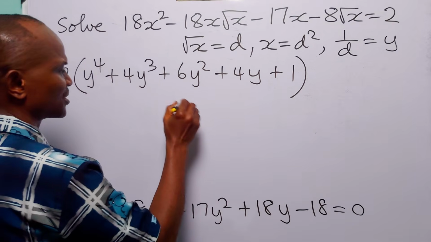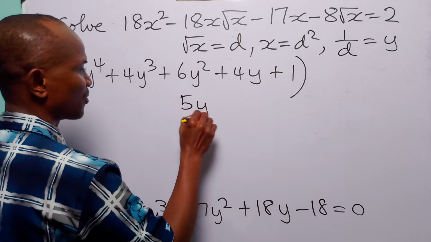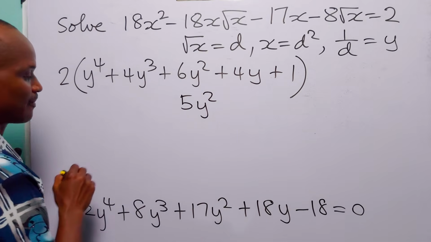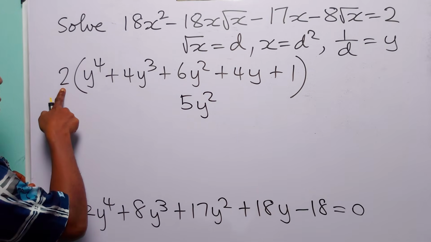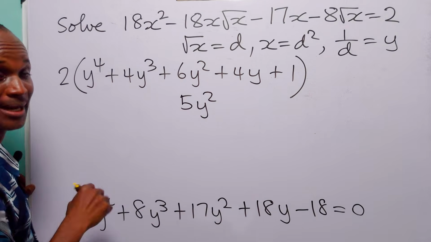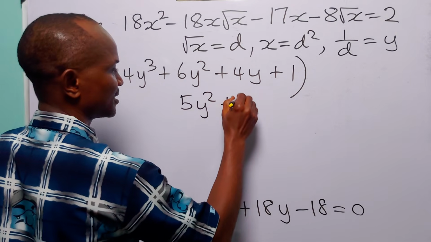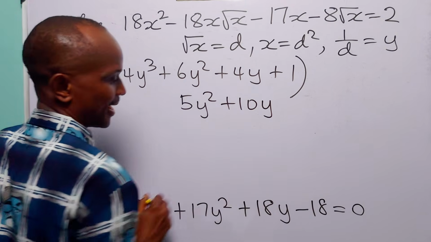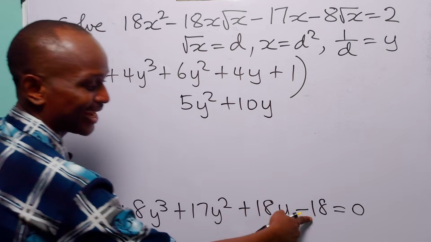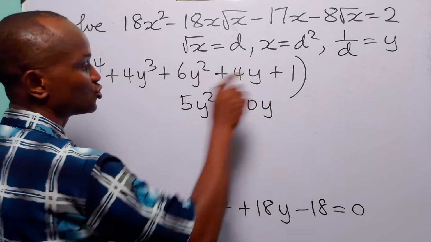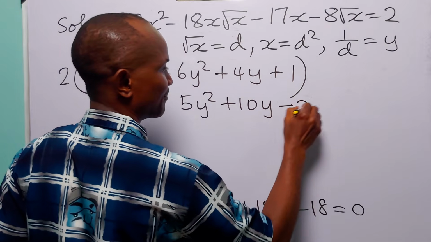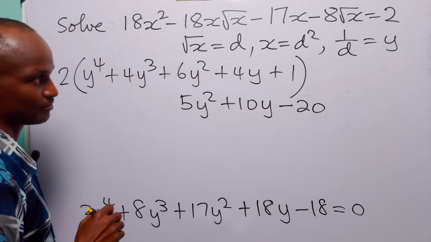That is going to give us 5y squared. Now here we have 18y minus 8y. That is going to give us 10y. And here we have minus 18 minus 2. That is going to give us minus 20.